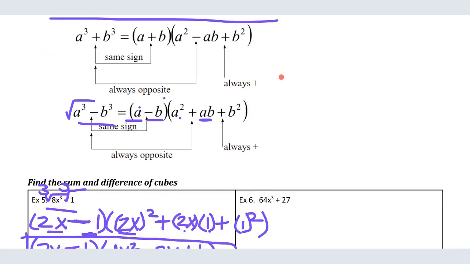Now we work with a plus. Plus, and then we're going to do cube roots. So a is going to be 4x plus, and b is going to be the cube root of 27, which is 3. And then we're going to do 4x squared.